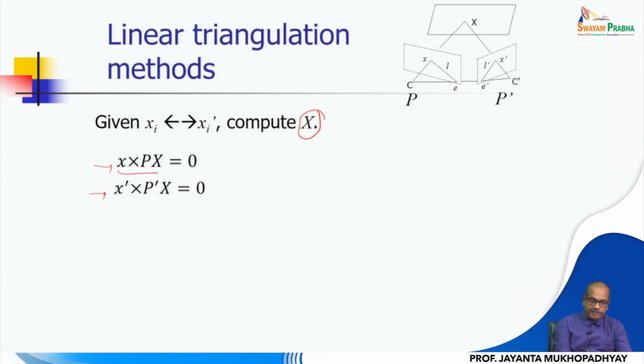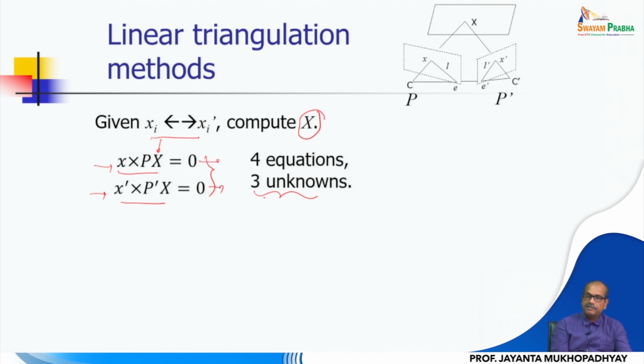That is why you take the cross product of these two vectors and you get 0. So this is one equation. x is unknown, but you get two equations from there. Given a particular corresponding point, you get 4 equations, from each camera 2 independent equations, and you get 3 unknowns. So it's an overdetermined set of equations. For a single correspondence you solve this problem.